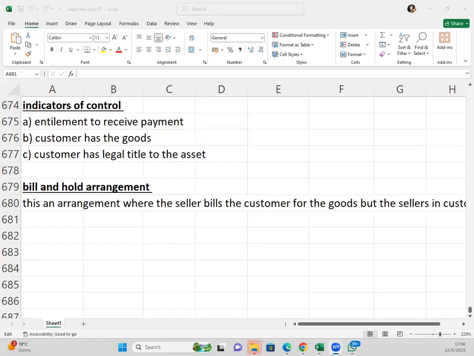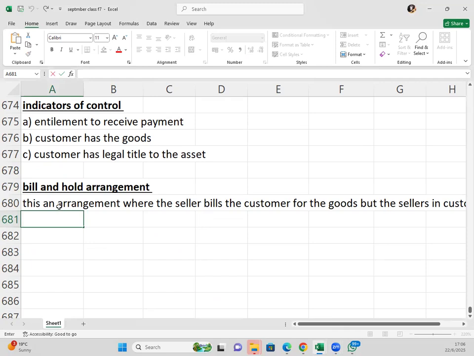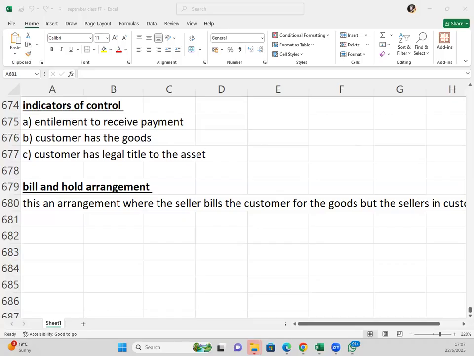In a bill and hold arrangement, revenue is recognized when control has been passed, irrespective of the possession still being with the seller.